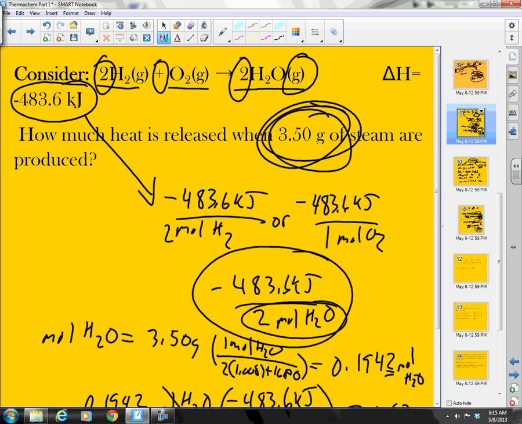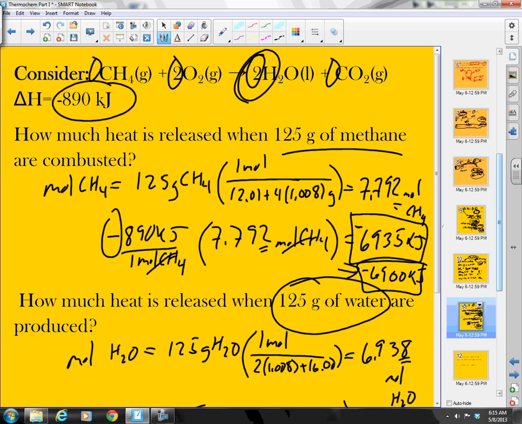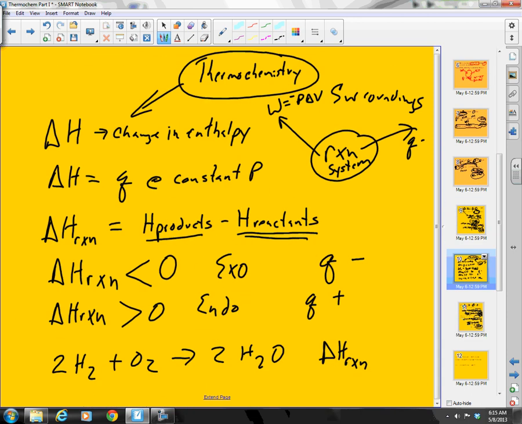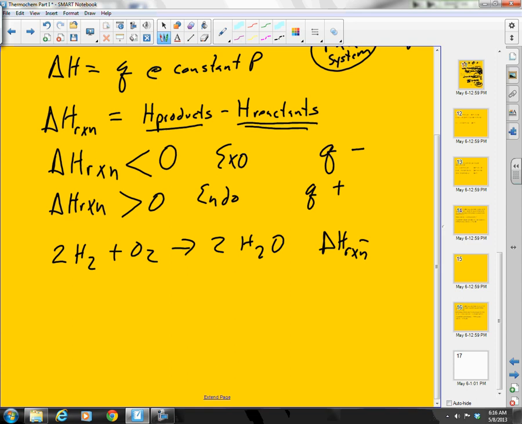Negative 484, we'll call it, okay? We said that this is equal to negative 484 approximately to 3 sig figs.